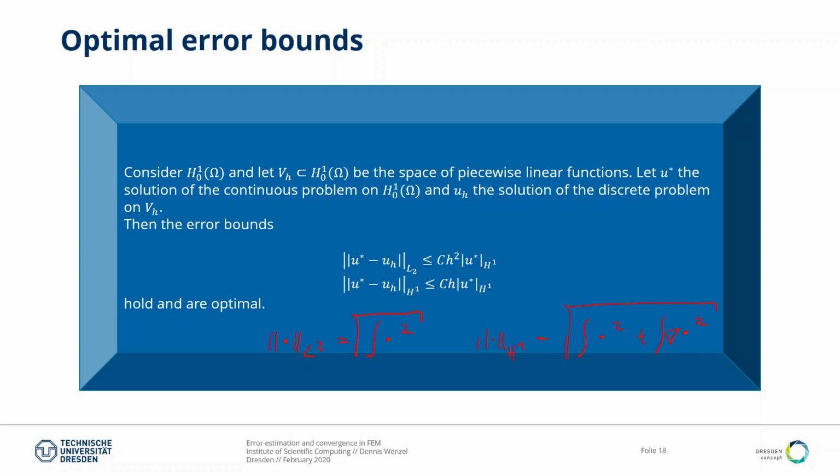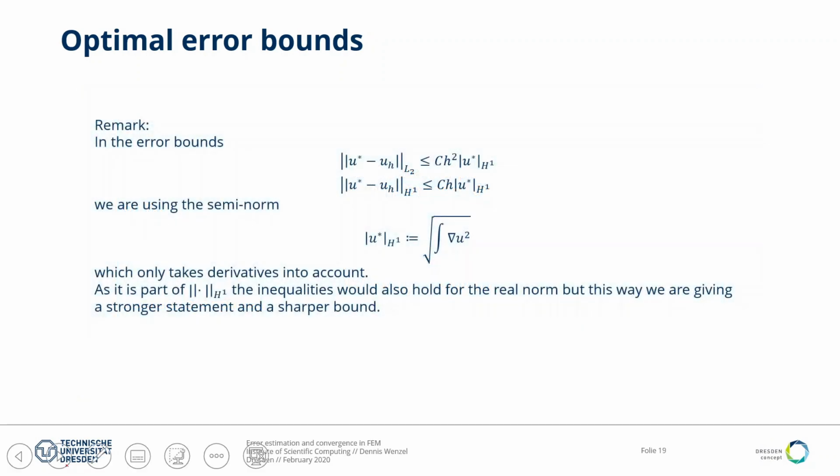And if you think about h to be something that's small, because that's usually what you're doing when talking about FEM, you want to get a small grid width, that's why h squared is even smaller than h. So you kind of get a better approximation in this simpler L2 error compared to the H1 error, which contains the L2 error plus something else.